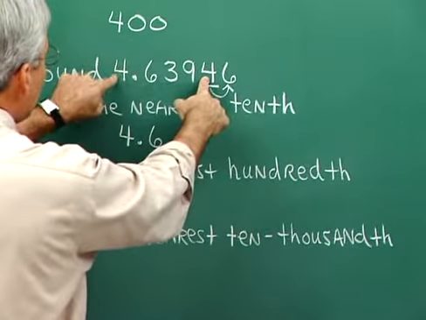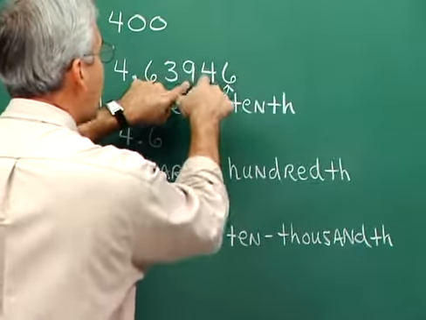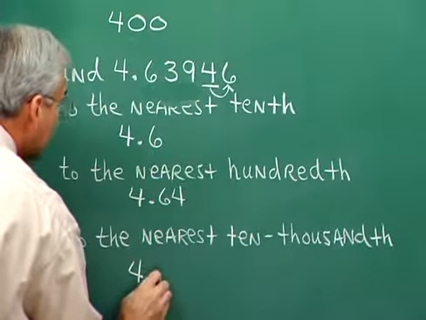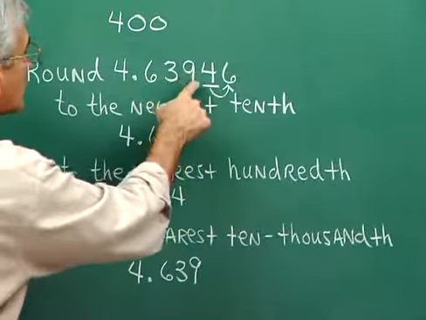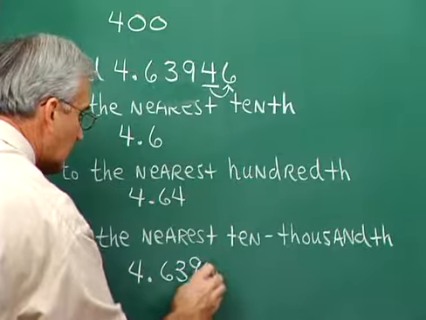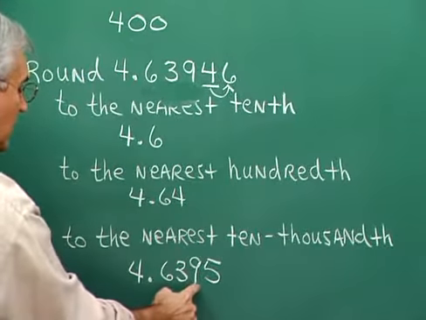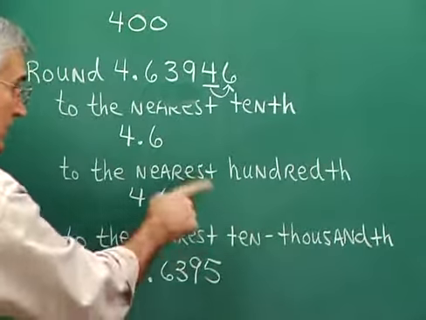So we're going to bring down the 4, bring down the decimal, bring down the 6, the 3, the 9, and make that one bigger. You see, that's the idea. So it's 4 decimal 6 3 9, and what we're changing is this 4 into a 5, and we're dropping that off. So we have this. So it's 4 and 6,395 10 thousandths to the nearest 10 thousandth.